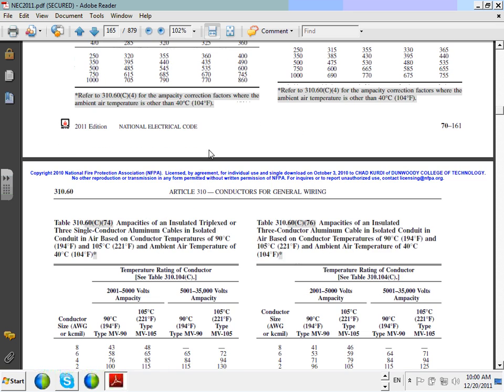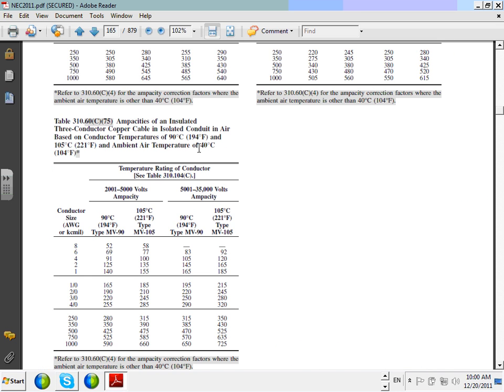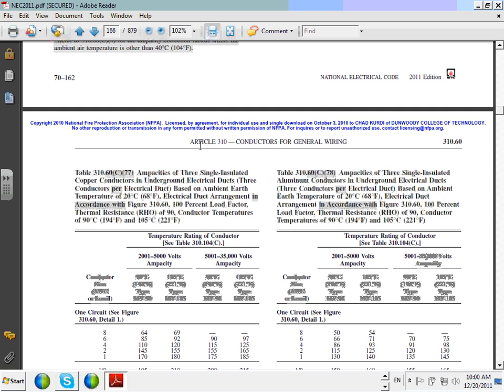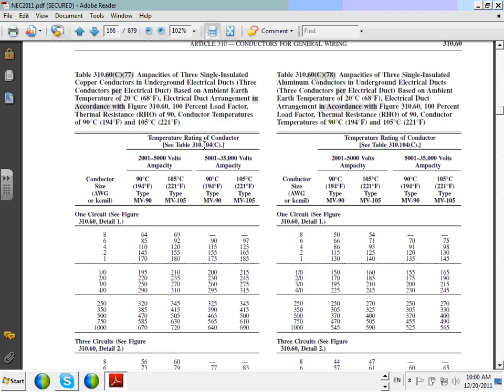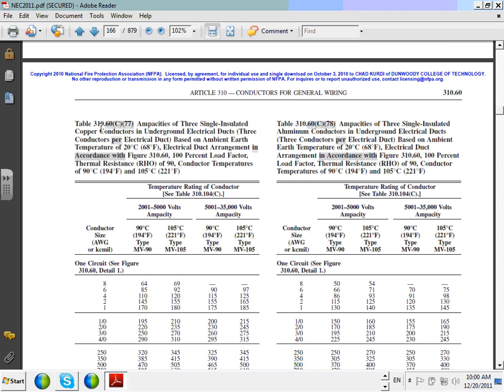I want one that gives me details. Okay, here you go. Of 3 single conductor underground electrical ducts. There you go. That's it. I want to go to table 310.60(C)(77), of 3 single insulated copper conductors in underground electrical ducts, 3 conductors per electrical duct, based on ambient earth temperature and all this good stuff.